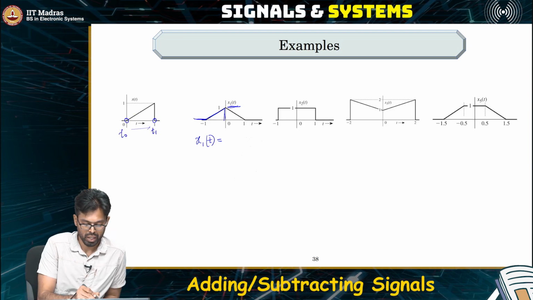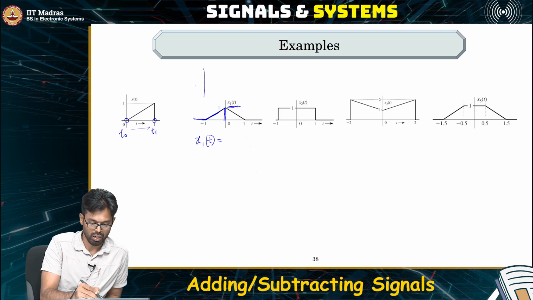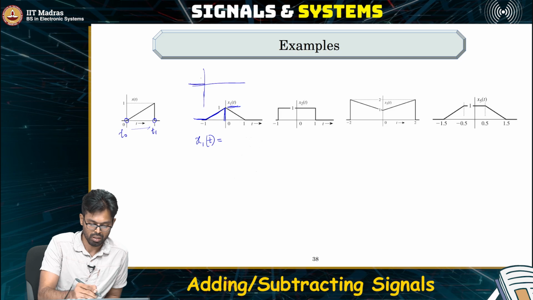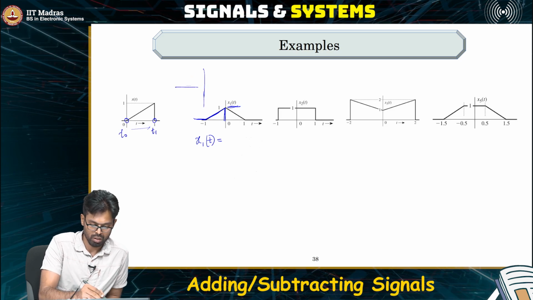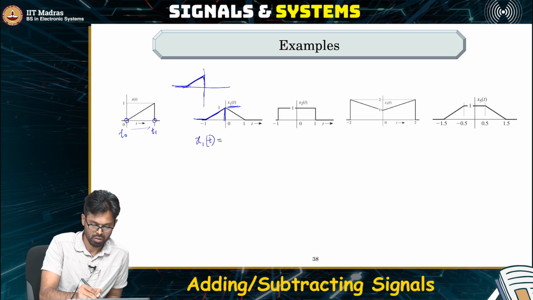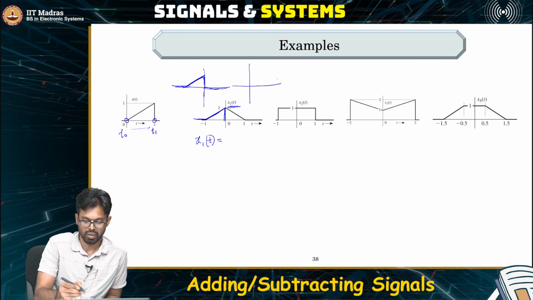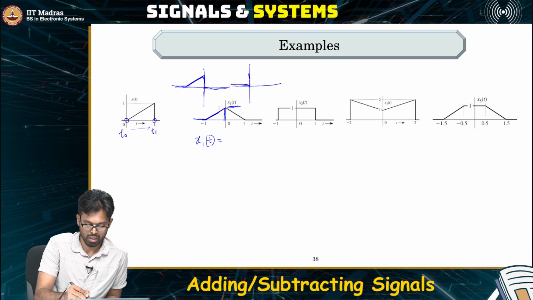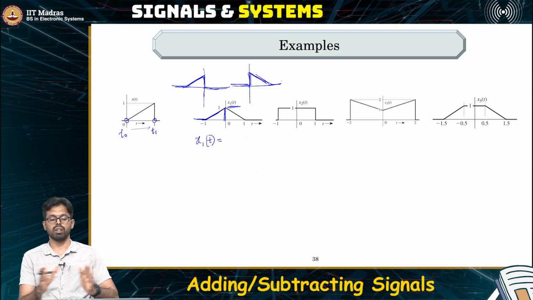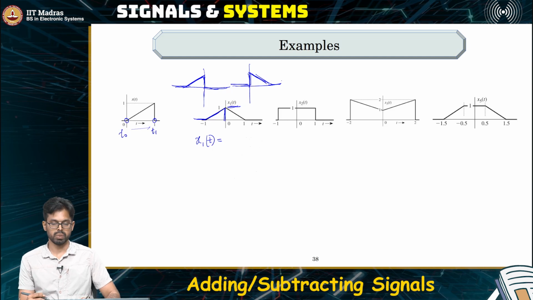So, we will break down this signal into two parts. I will identify first how to get this portion, and then we will identify how to get the other portion. We will break this down into two different signals and then try to get each one of them separately.